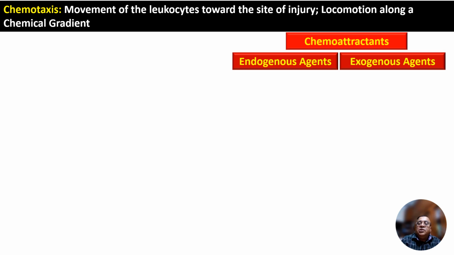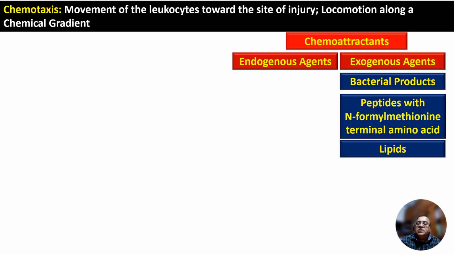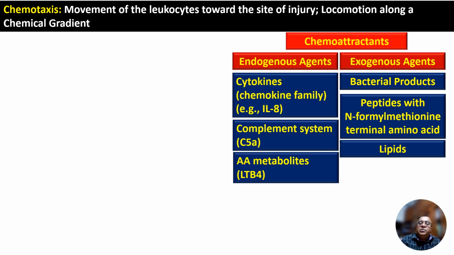There can be endogenous agents or exogenous agents. Some bacterial products, especially peptides with N-formyl methionine terminal amino acids, and lipids, are the exogenous chemoattractants, while endogenous ones include cytokines such as interleukin 8, factors from the complement system, especially C5a, and arachidonic acid metabolites, particularly leukotriene B4.